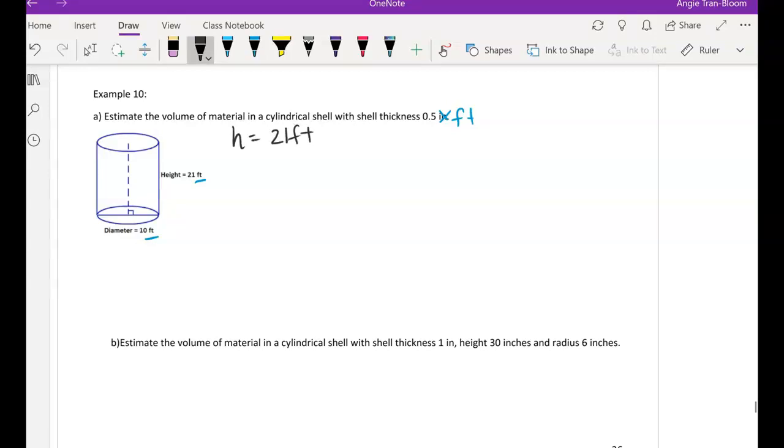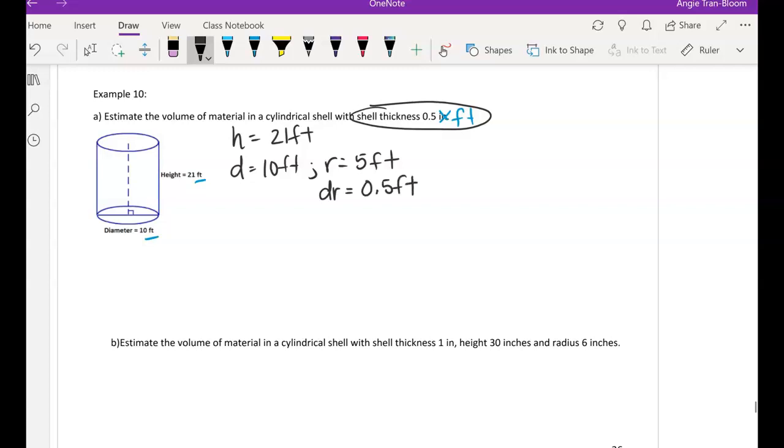We are given the diameter is 10 feet, which tells me the radius is going to be 5 feet. The shell thickness, as you can see, is half a foot. So that's really the change in radius, 0.5 of a foot.